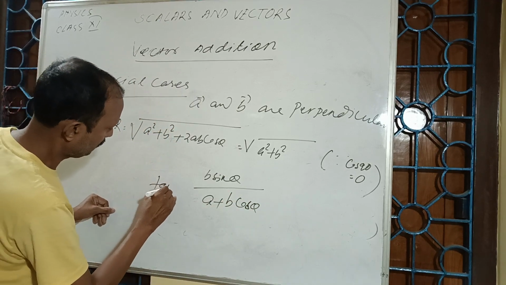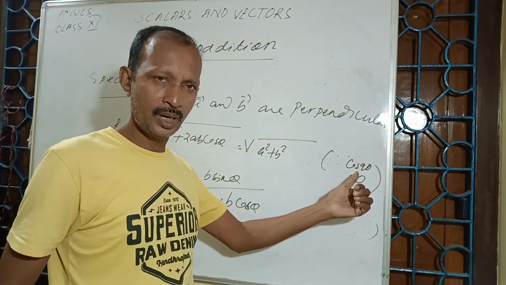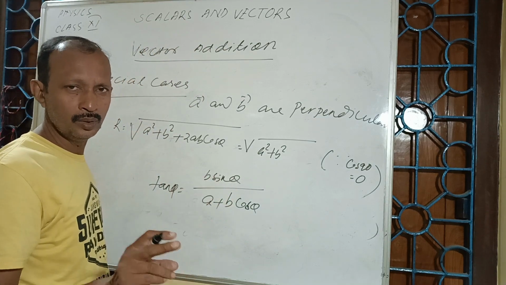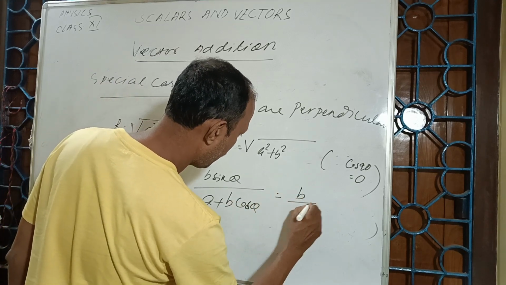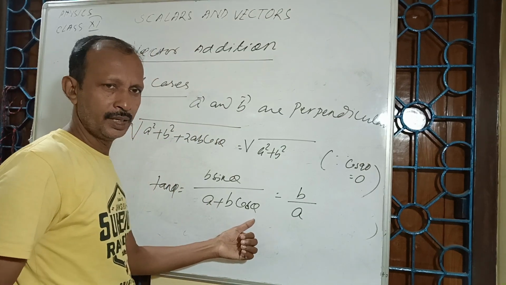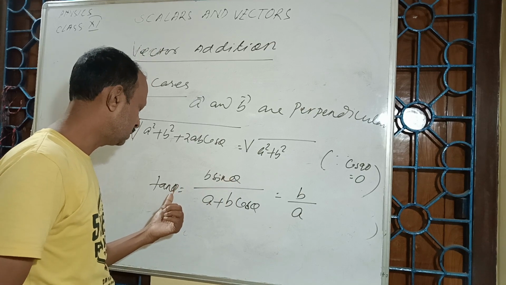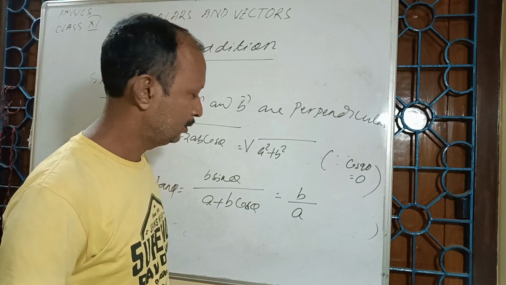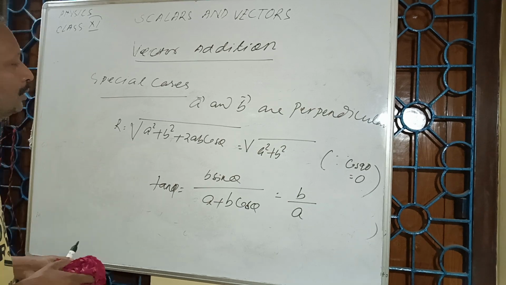If theta is equal to 90 degree, then sin 90 degree is equal to 1, and cos 90 degree is equal to 0. So I can write tan phi is equal to B by A. This is the case of the perpendicular.